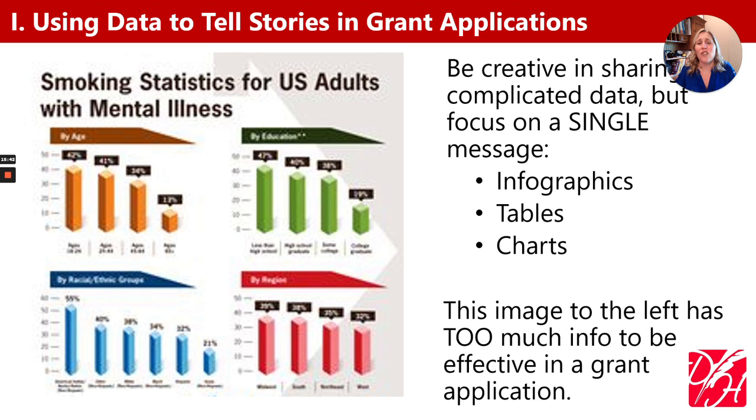What is the single message you want to be taken away from this table or this chart or this graph? Try to simplify the message that is being presented through the image, through the figure, through the chart. And of course, label it within the text so that you can reference it out of the narrative and connect the dots. Why are we showing you this visualization?